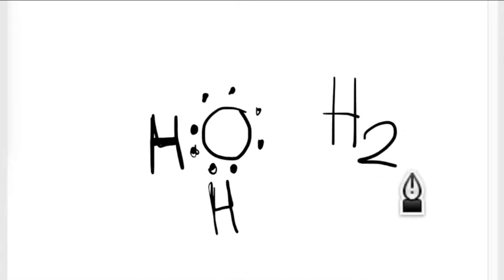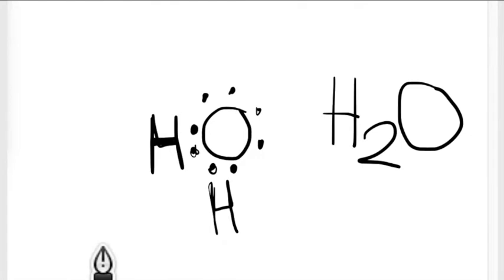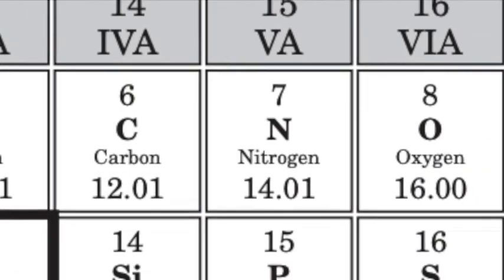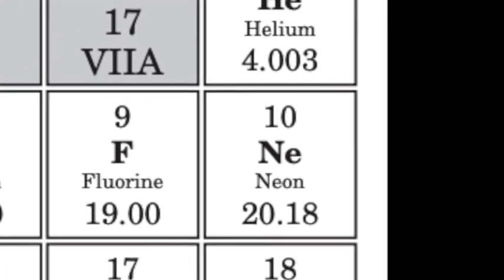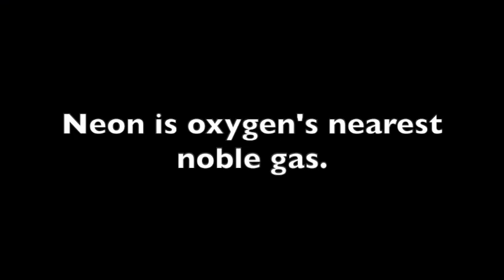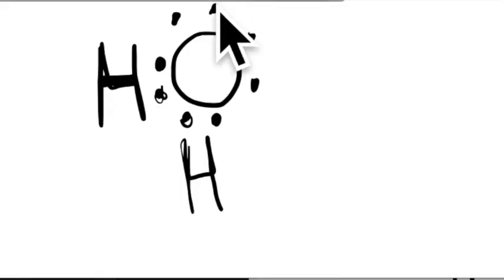Hydrogen's fulfilled. It's H2O. Oxygen wants to have 8 valence electrons, just like neon, which is right over there. 8 valence electrons. 1, 2, 3, 4, 5, 6, 7, 8. It's happy. It's stability. That's what it's seeking.